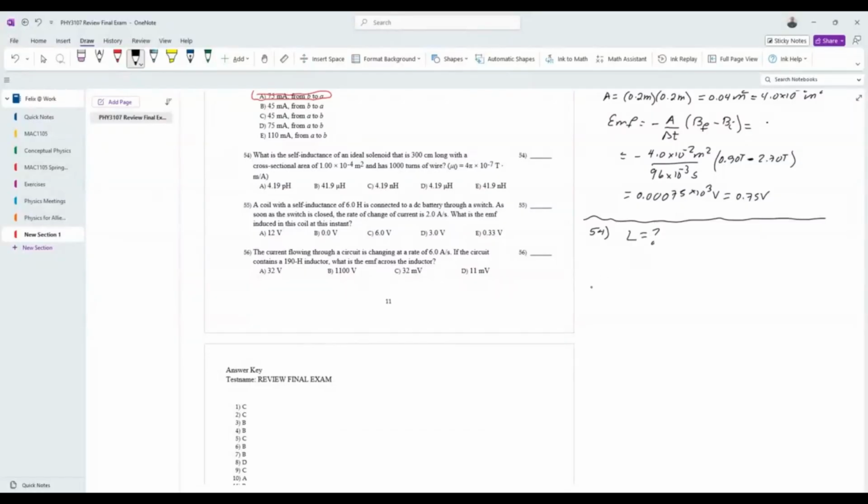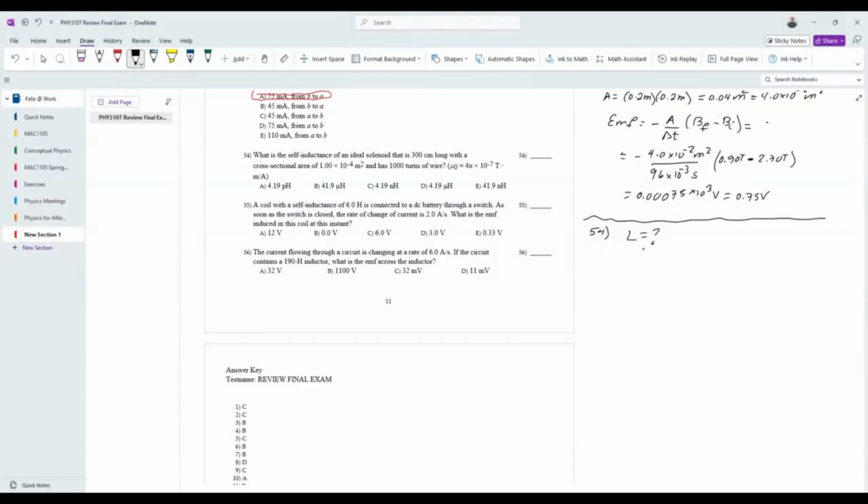Self-inductance is L. Remember that when you have a resistor, you have resistance. When you have a capacitor, we have the capacitance, which is what characterizes a capacitor.